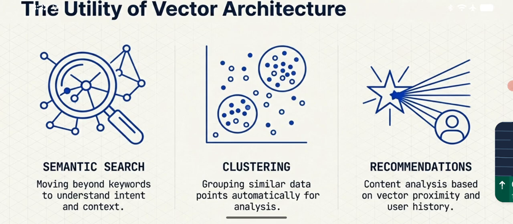With the help of vectors, similar words are grouped near each other. And finally, the third is recommendation. If you buy a certain product online, it tries to show you similar other products. That is a recommendation.